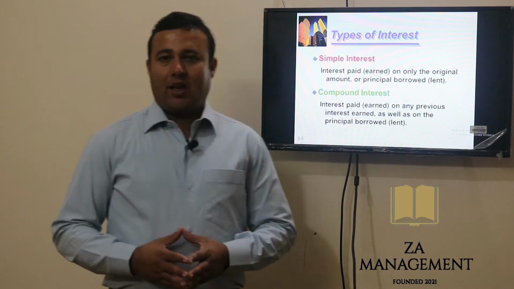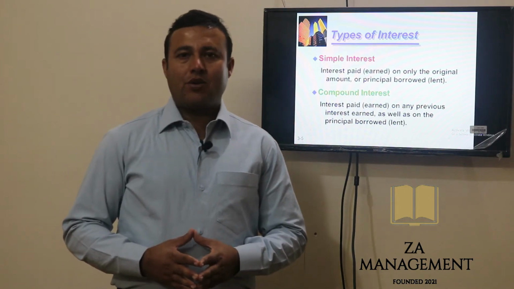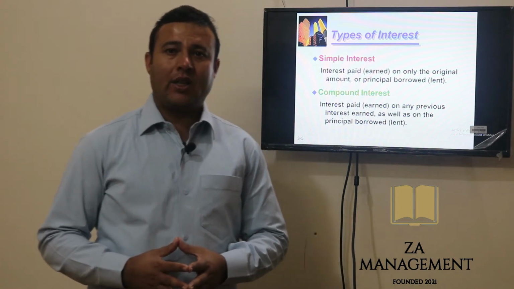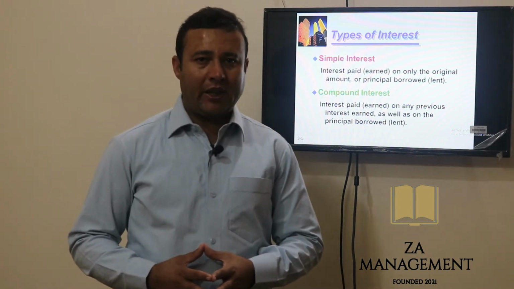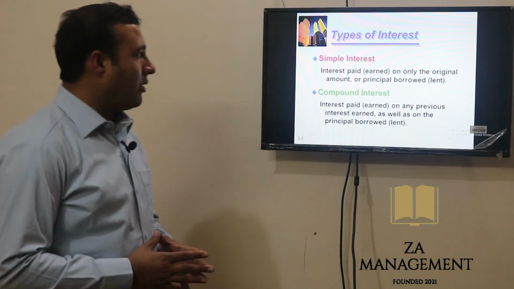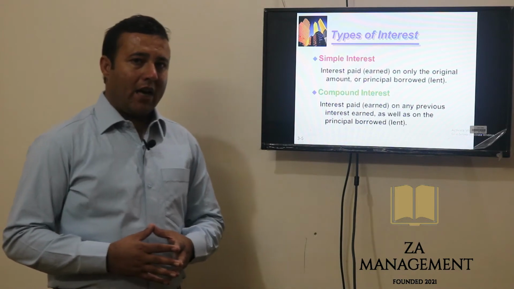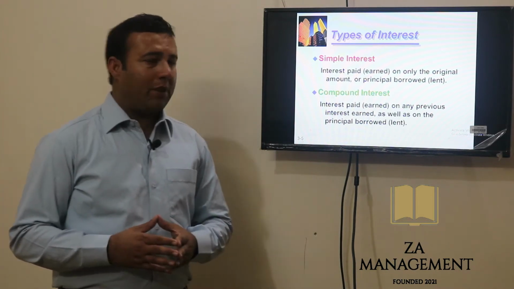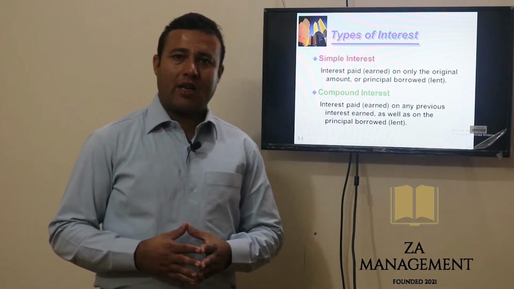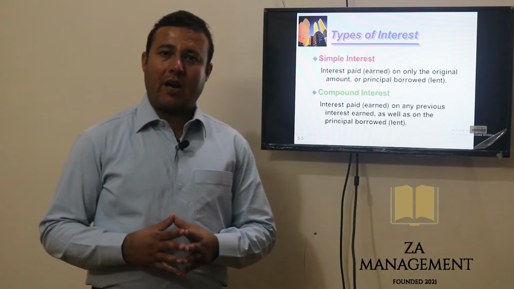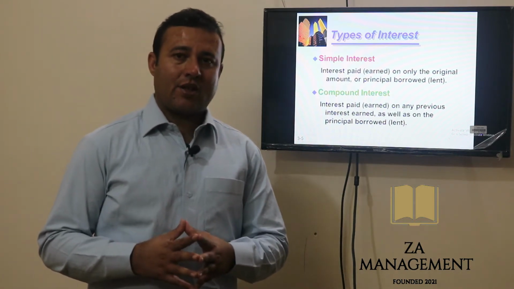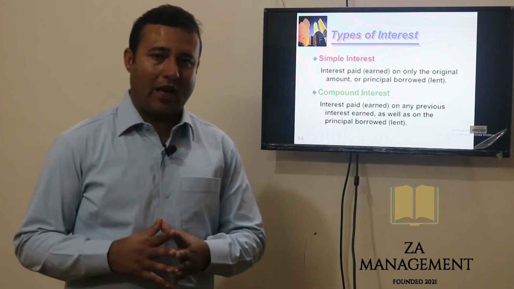What is interest? Interest is the incremental or additional amount calculated on the basis of the principal amount as a result of lending or borrowing money. Interest is of two types: simple interest and compound interest. Interest paid or received on the principal amount is called simple interest, while compound interest is interest paid or received on the previously earned interest as well as on the principal amount.